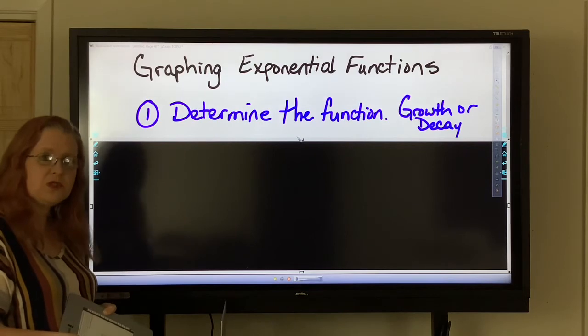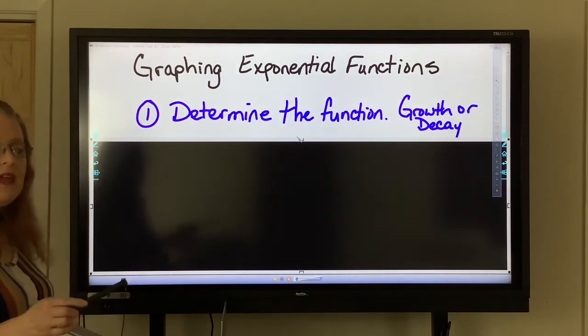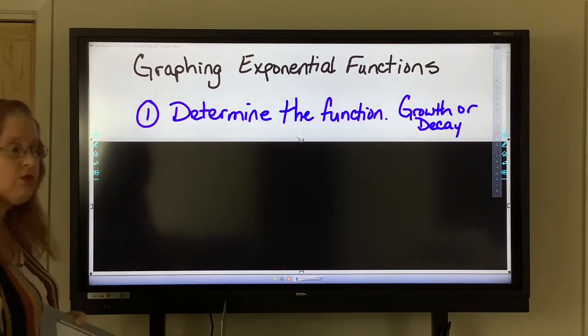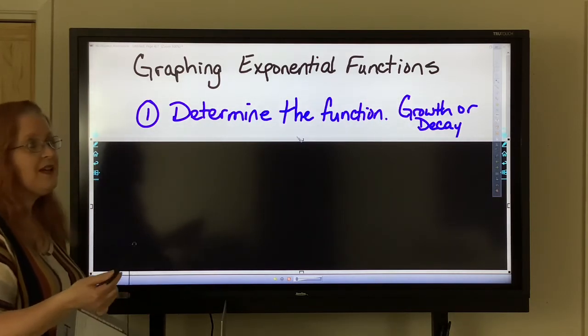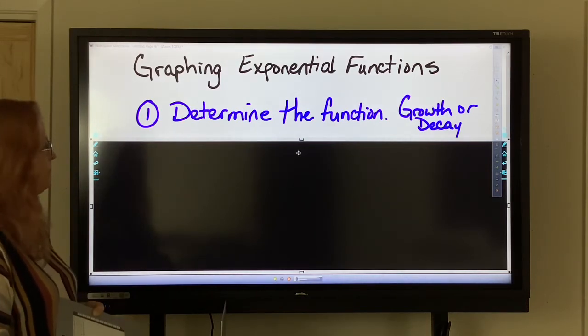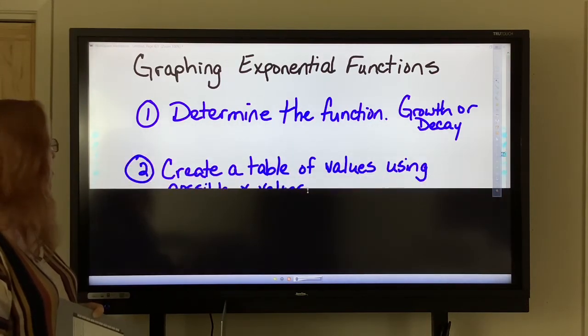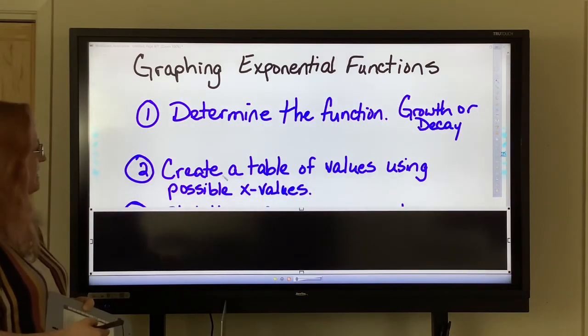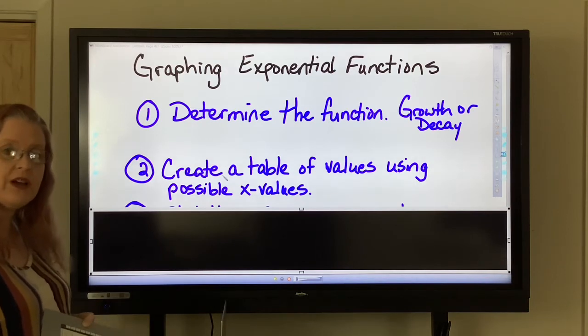Because that determines what function you're going to use. If it tells you it's increasing, that's going to be a growth. If it's telling you it's decreasing, that's going to be a decay. And so then, after you determine your function, you create a table of values using your possible x values.